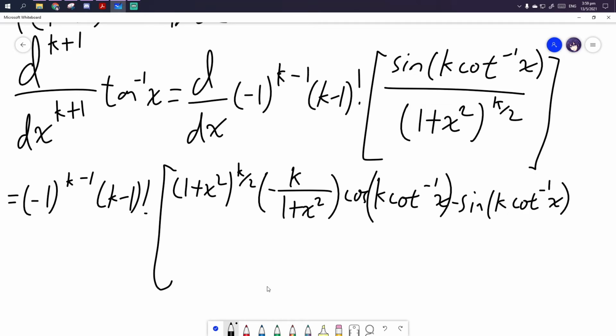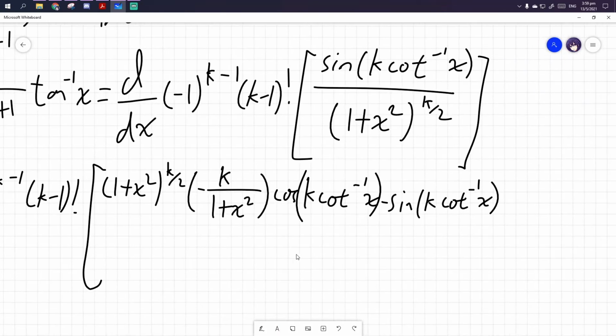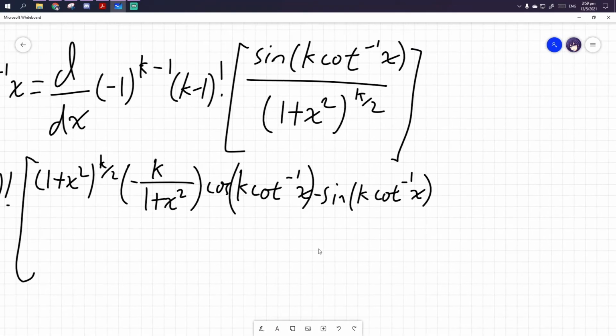I don't think I have enough space for this. We need to differentiate the bottom now.